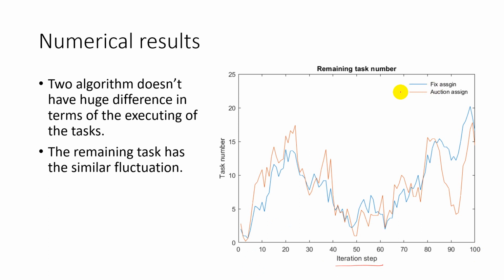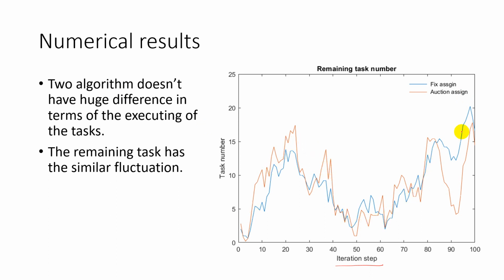The blue line is the fixed assignment, and the orange one is the auction assignment. We can see that the two algorithms don't have a huge difference in terms of the execution of tasks. Each of them can execute the tasks eventually.